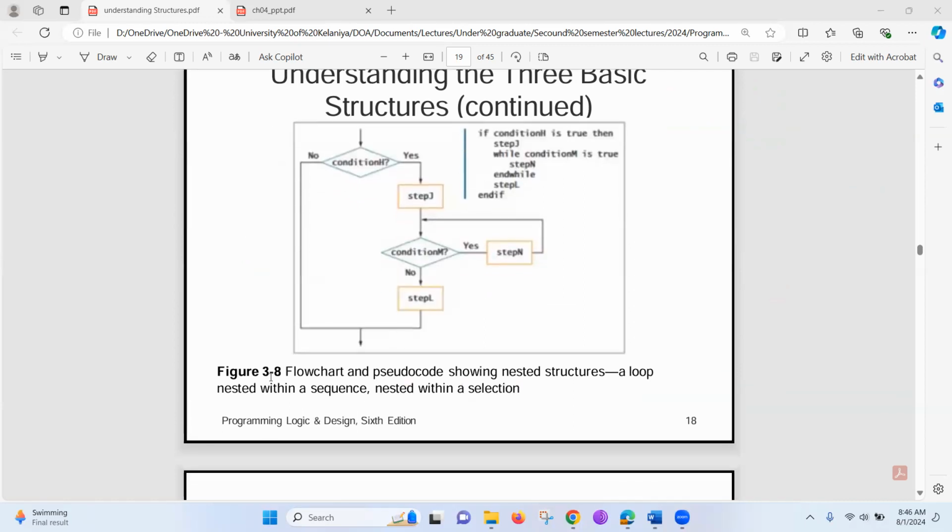Then when it comes to this flowchart also, could you please tell me what is the main structure? So here also, first of all, you need to tell me, are you able to identify nesting here? By looking at this, can you see the nesting things?